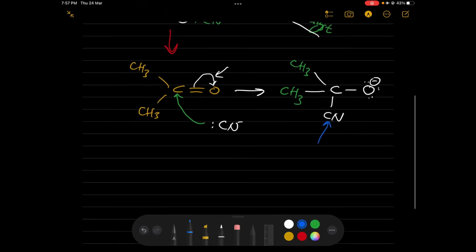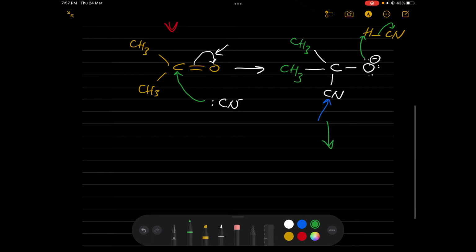So we didn't finish. We told you before we added HCN, and you notice that oxygen is negatively charged here. It will come and attack this hydrogen, and these electrons are accumulated in CN here. So you will notice that you will have a compound that looks like OH.